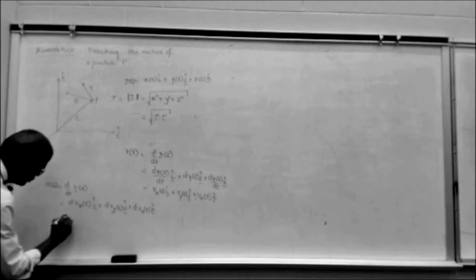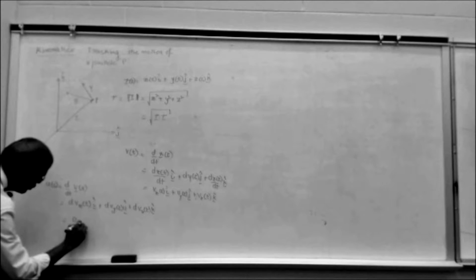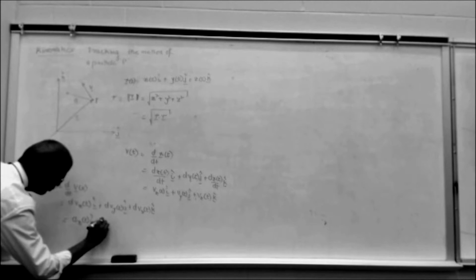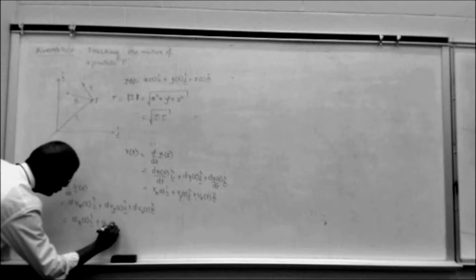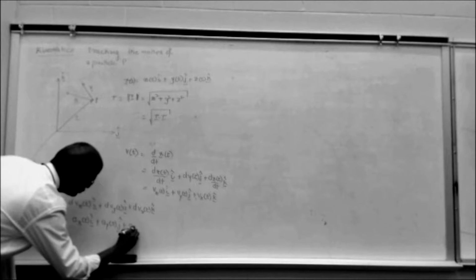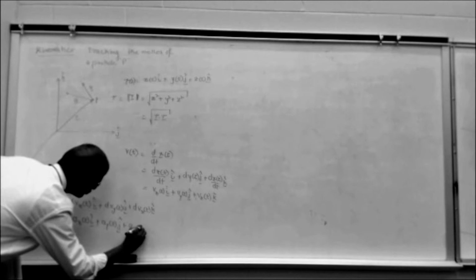Okay. And this is equal to ax of t i plus ay of t j plus az of t k.